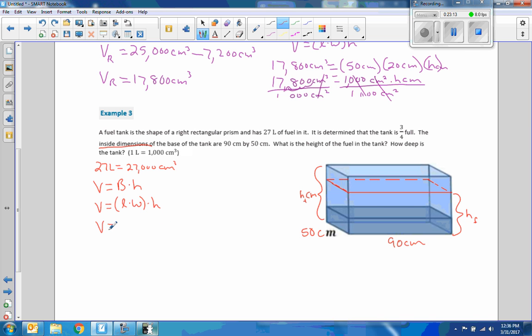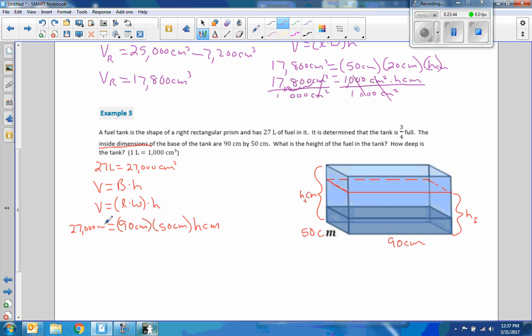So the volume equals length 90 cm times width 50 cm times height H cm. The volume was given as 27,000 cubic centimeters, so I might as well put that in here. That was a given.